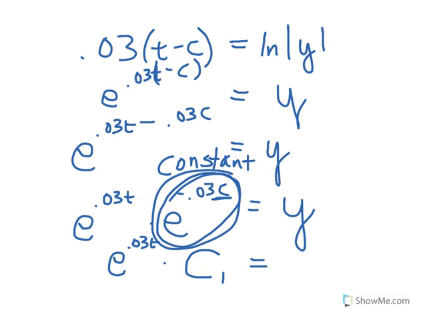Now the other thing that's going to allow us to do is, since I'm taking e to, even in this case, negative 0.03c, there is no way that can yield anything but a positive number. E to anything has got to be a positive number. So that also helps us with our natural log over here when we took the absolute value of y.